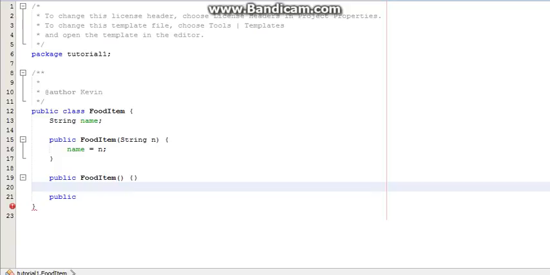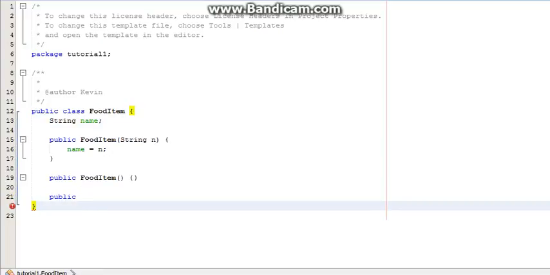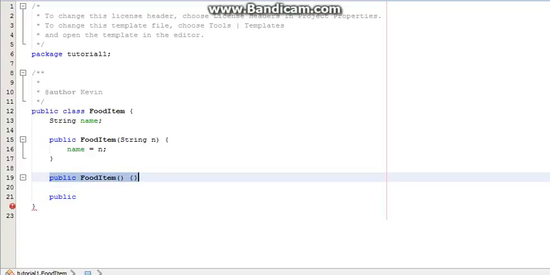Okay, before we continue with writing this class definition, I want to make some clarifications about what I previously said about the effectiveness of including a constructor lacking any arguments.